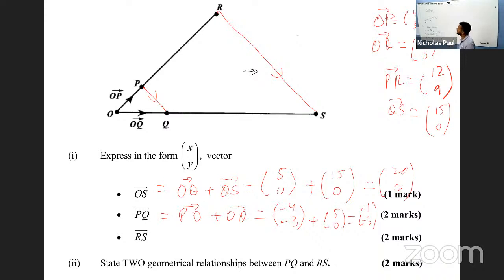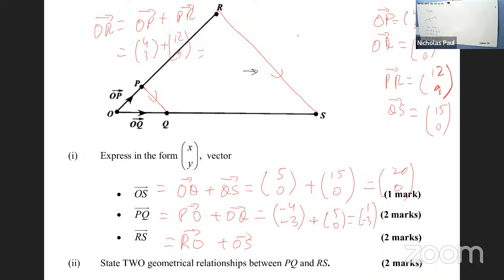In order for us to get RS, we have to go R to O, and then to S. I did not find RO, so I have to go back and find OR. OR is OP plus PR, right? OP was 4,3, PR was 12,9.